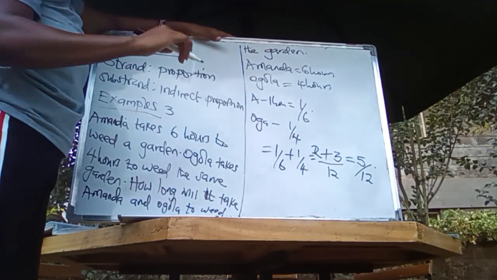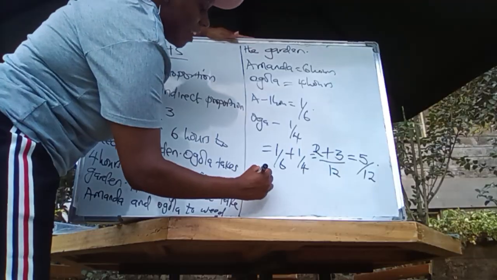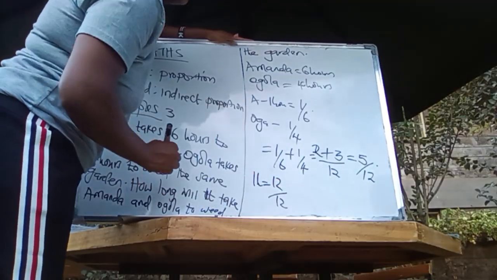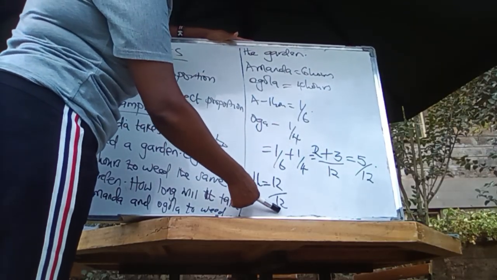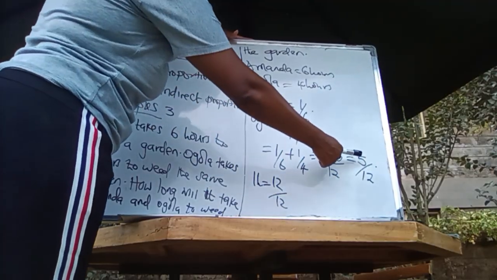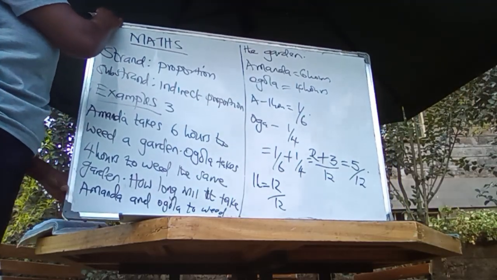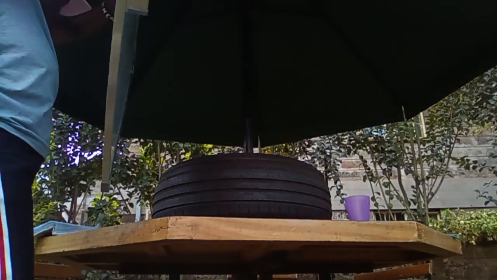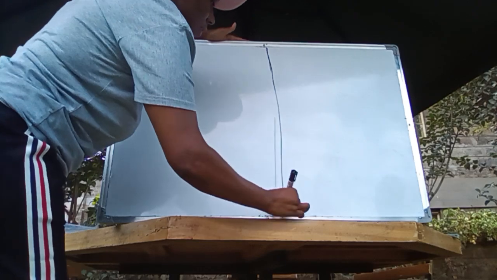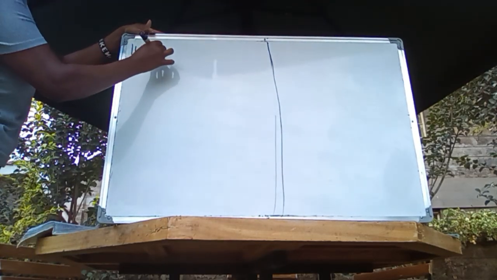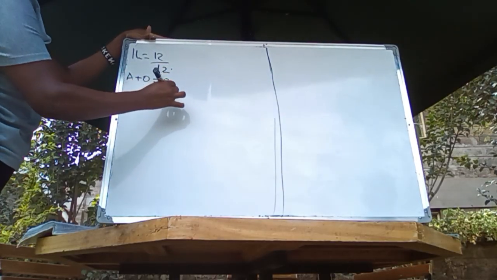If 5 over 12 is the work done in 1 hour, and the total job is 12 over 12, then Amada plus Ogola in 1 hour is 5 over 12.